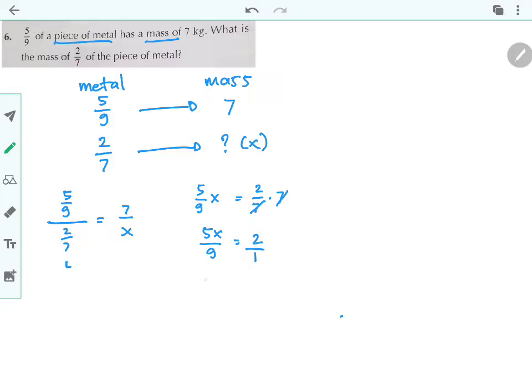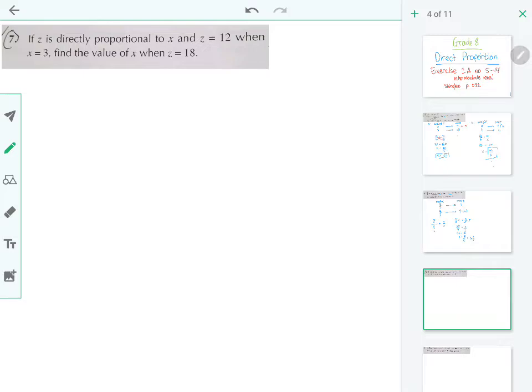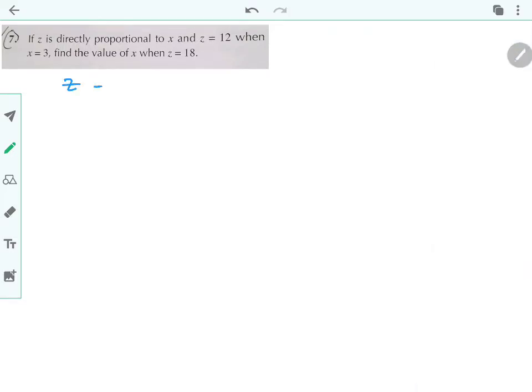So 5x equals 2 times 9 is 18, so x equals 18 over 5, or you can simplify it into 3 3/5.